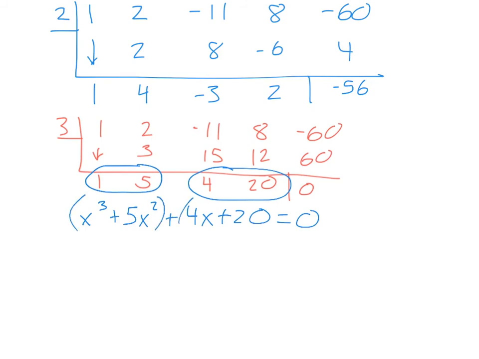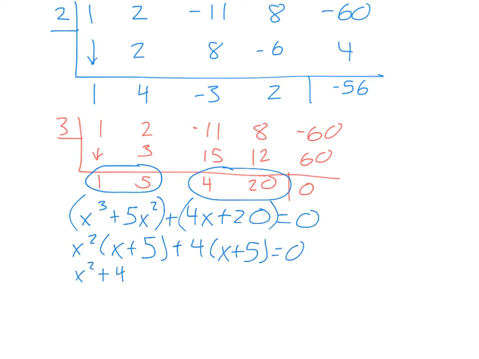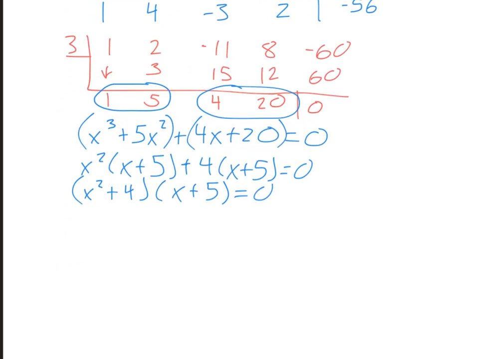First group, we can take out x squared. Second group, we can take out a 4. All right, we can see that another rational 0 is negative 5.